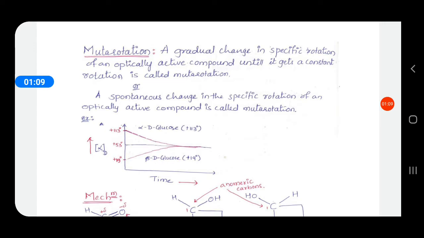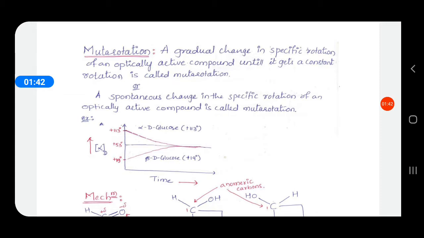For example, when alpha D glucose or beta D glucose is taken, alpha D glucose has a specific rotation of plus 113 degrees, whereas beta D glucose has a specific rotation of plus 19 degrees. But either of these compounds, when dissolved in water, their specific rotation goes on changing.